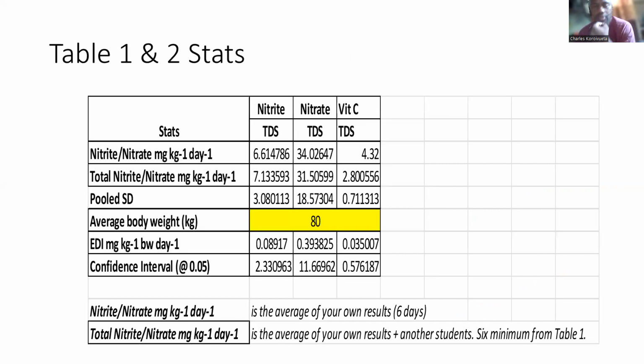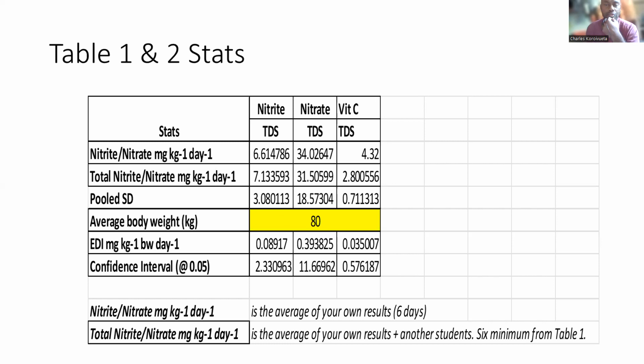And this is the overall stats of the analysis of the data given. In here you see the stats for nitrite. The TDS calculation was 6.61.